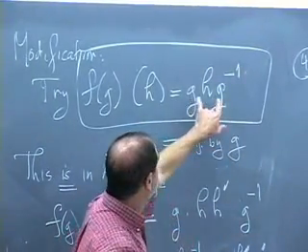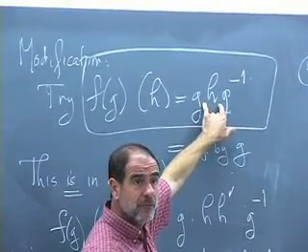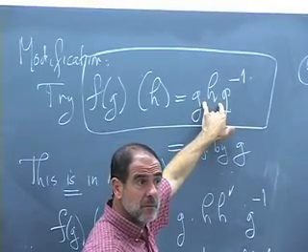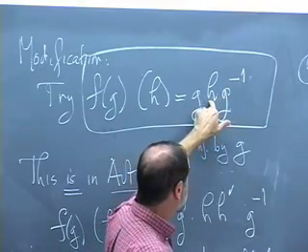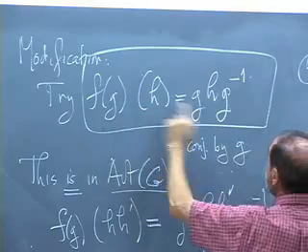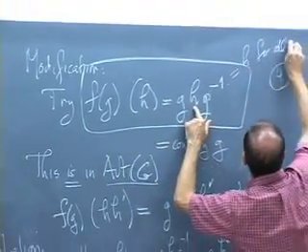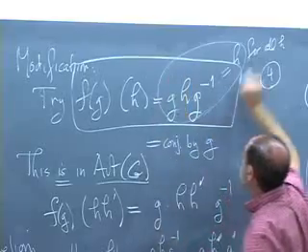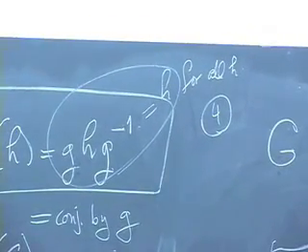What does it mean that this element is equal to h for all h? That's what I would have if I had the trivial automorphism. Namely, it would take every element in the group to itself. So I'm looking for the elements in G such that this is equal to h for all h. That would be the character of being in the kernel of this map.